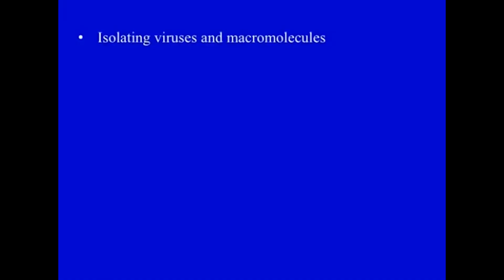It could be utilized for isolating viruses and various macromolecules, including DNA, RNA, proteins, lipids, lipoproteins. As well, it could also be utilized for establishing physical parameters of these particles from their observed behavior during centrifugation, that is the sedimentation coefficient, how fast they sediment, in terms of Svedberg units. We will be talking about that.